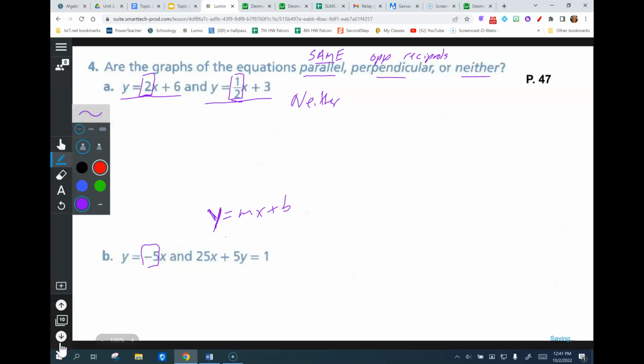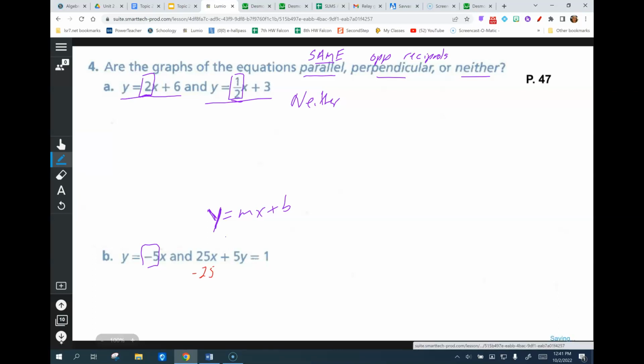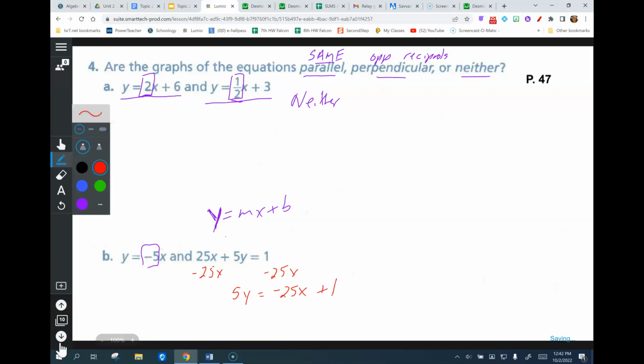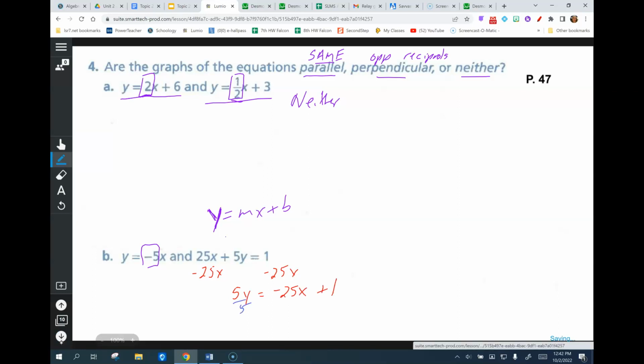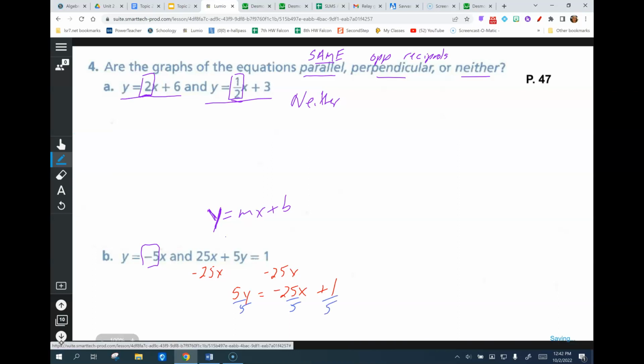So the first thing we're going to do is subtract 25x, and we get 5y is equal to negative 25x plus 1. We're now going to divide through by 5, and we get y is equal to negative 5x plus 1/5. The nice thing is all we care about is the slopes, so we don't even care what this is down here.